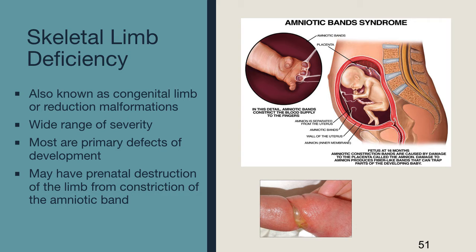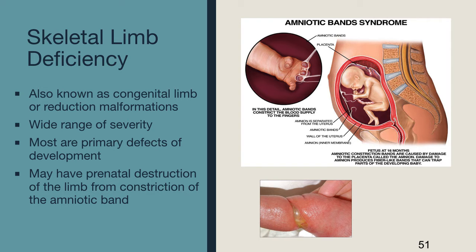So we have multiple layers. This is the inner layer of the placenta that's right up against the baby. So that amnion becomes disconnected from the rest of the placenta and it just sort of hangs there. Well, the baby is moving around and everything, and it puts its hand into this amnion that's hanging there like a curtain, and it gets stuck in it.